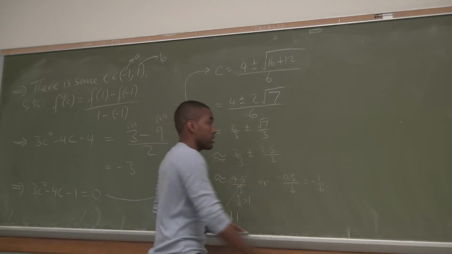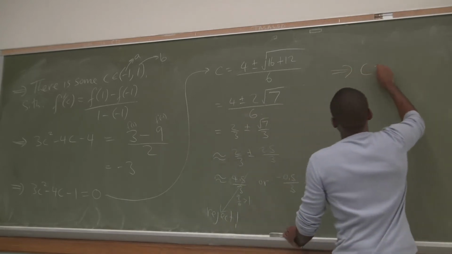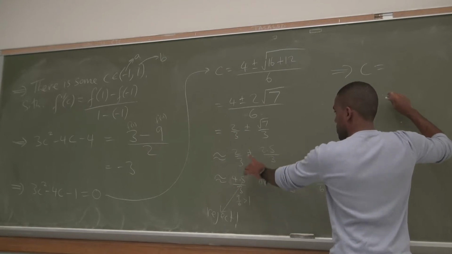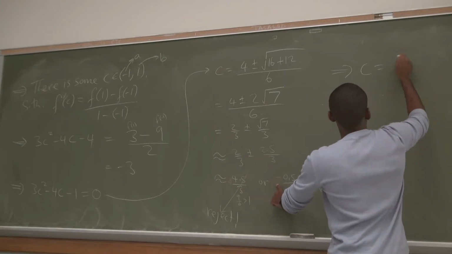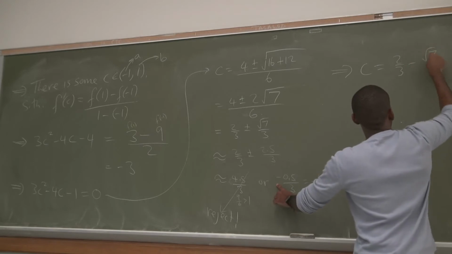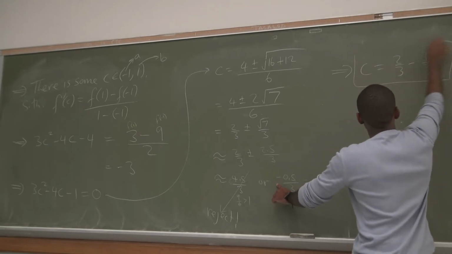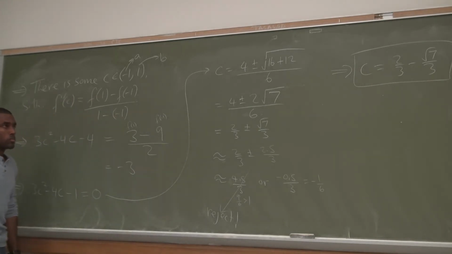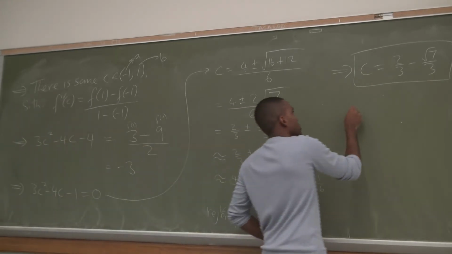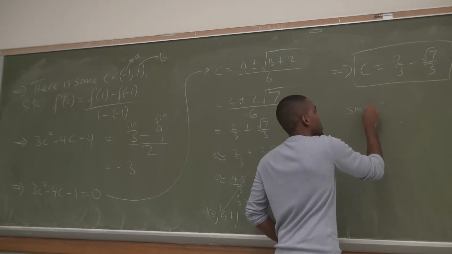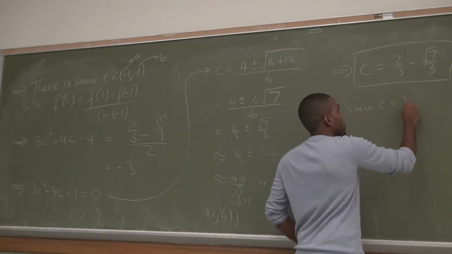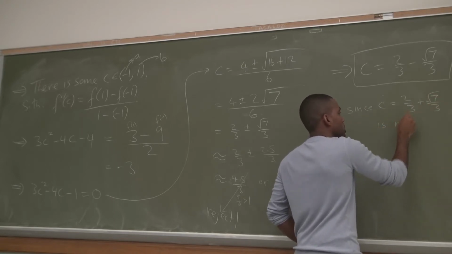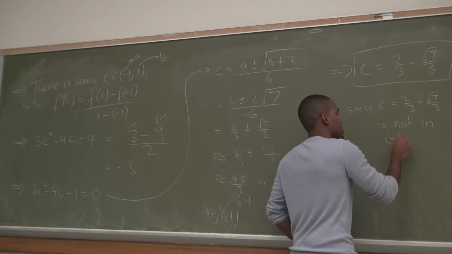And this is your C. It would be the one with the minus, because the other one is outside the interval. C equals 2/3 plus radical 7 over 3 is not in that interval.